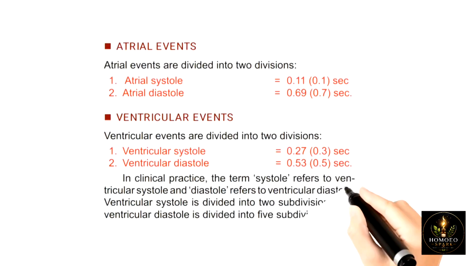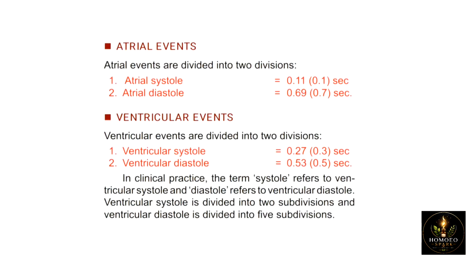These are the values for atrial events and ventricular events you should know, and this is the time period for particular events which is important to remember. Atrial systole 0.11 second, diastole 0.69 second, and ventricular systole 0.27 and 0.53 for ventricular diastole. This is important and you should remember this for your exams.